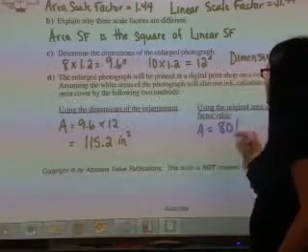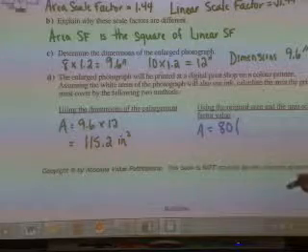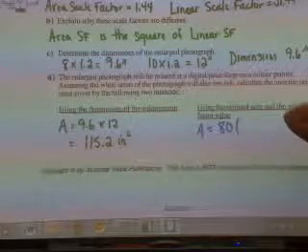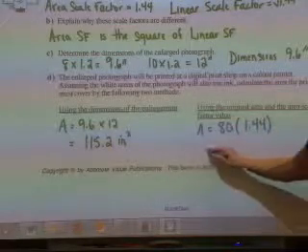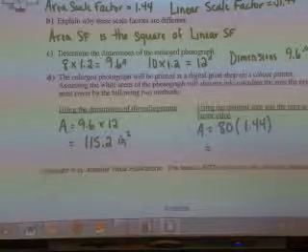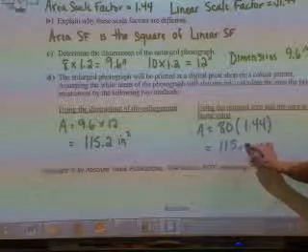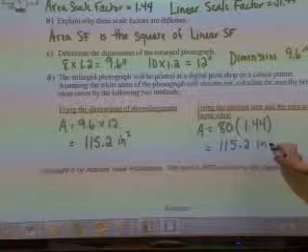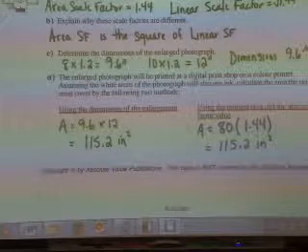And then I multiply it by my area scale factor. What was my area scale factor? 1.44. What is 80 times 1.44? 115.2. Is that what it is?